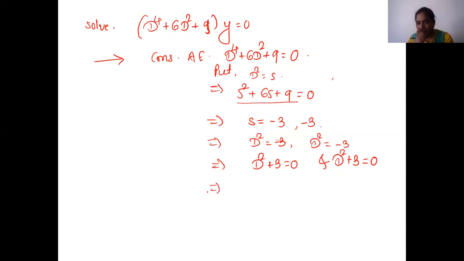Now we are getting the value for s or d? d. We are solving these equations for d. Tell me the root. Plus minus 1.73i. And similarly here also, plus minus 1.73i.